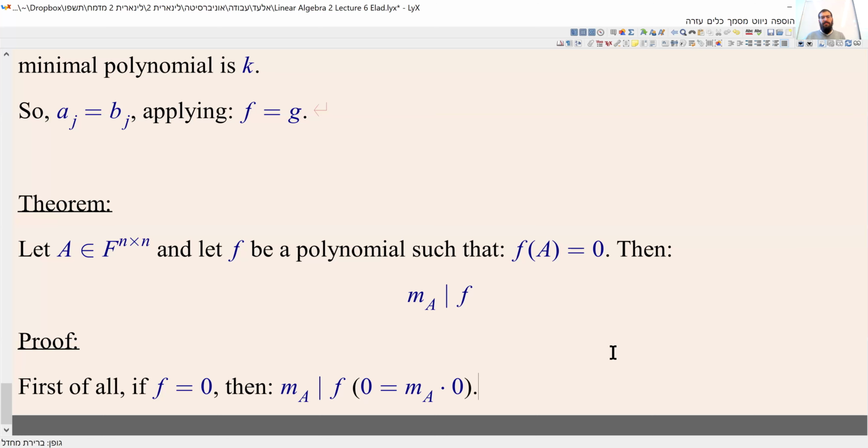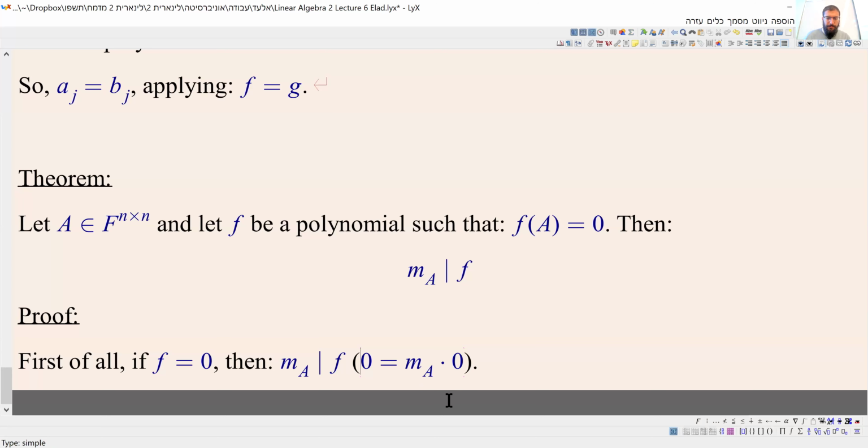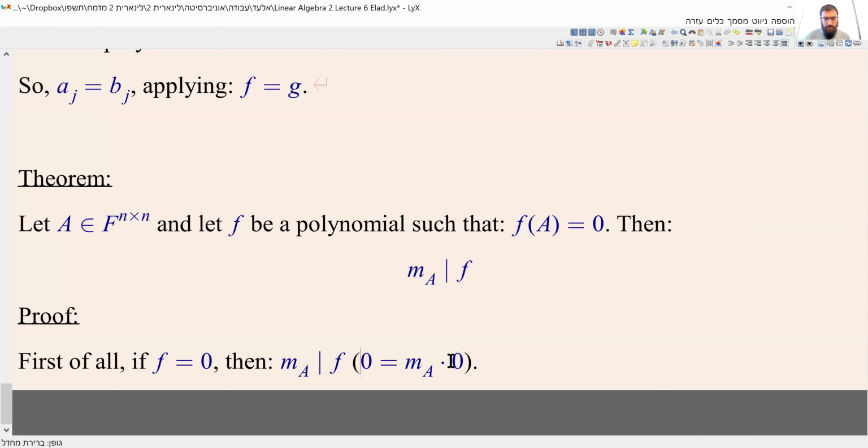So, by definition of dividing, we know that this is correct. Let's write it down, because everything divides 0.